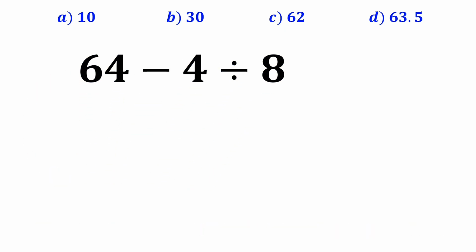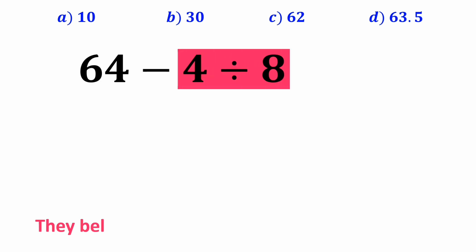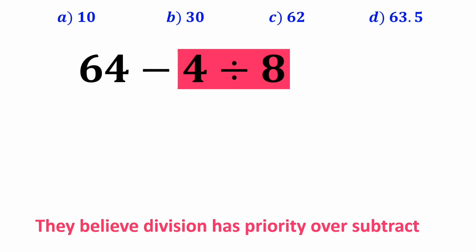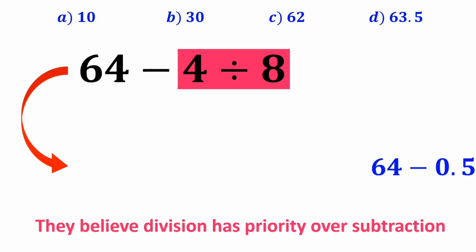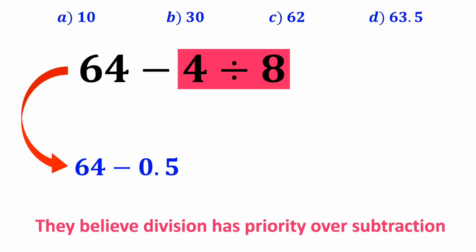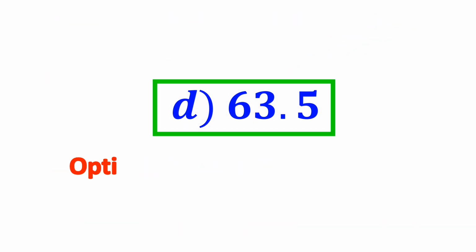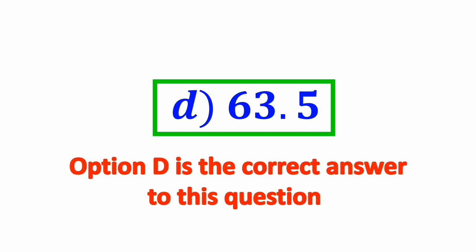In the next step, they perform the division between 4 and 8, since they believe division has priority over subtraction, and rewrite this expression as 64 minus 0.5, which ultimately gives them the answer 63.5. And immediately, they conclude that option D is the correct answer to this question. However, this answer is absolutely wrong.